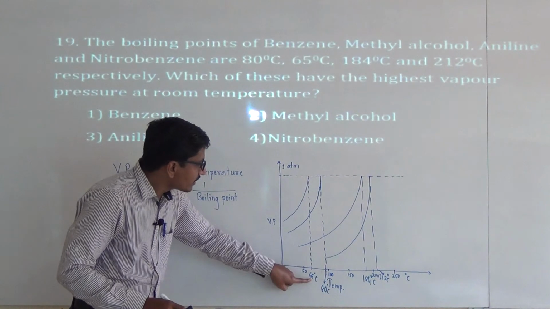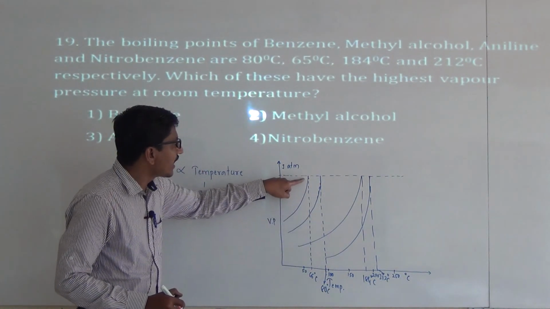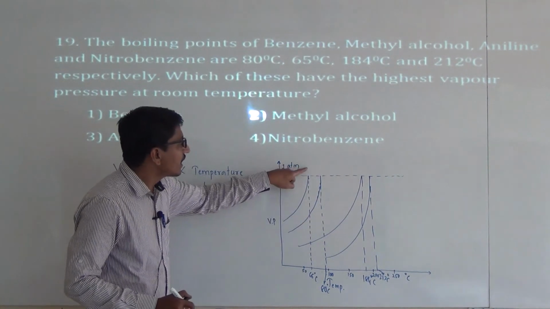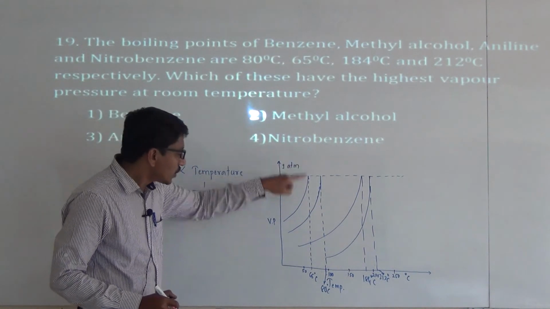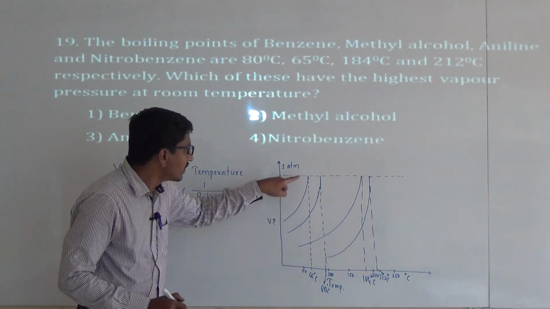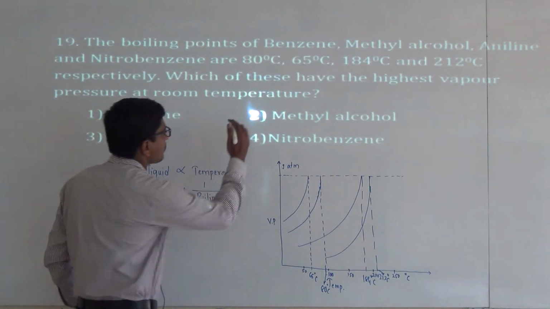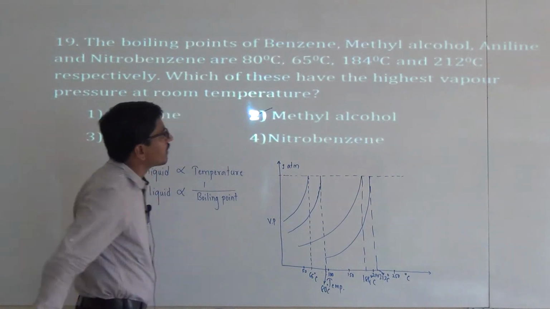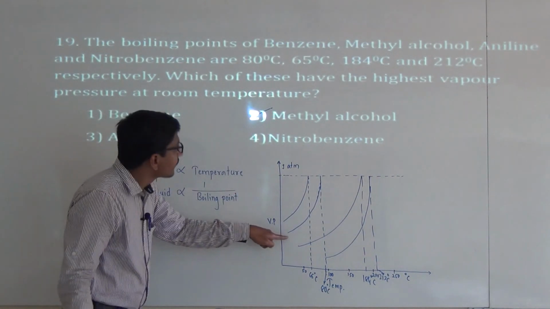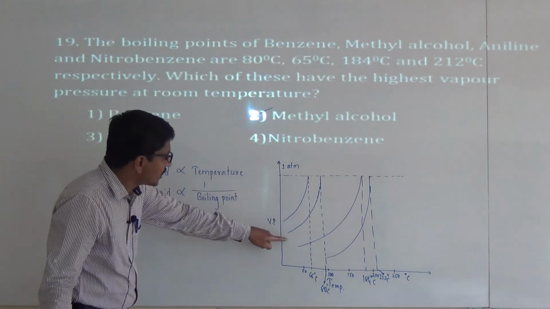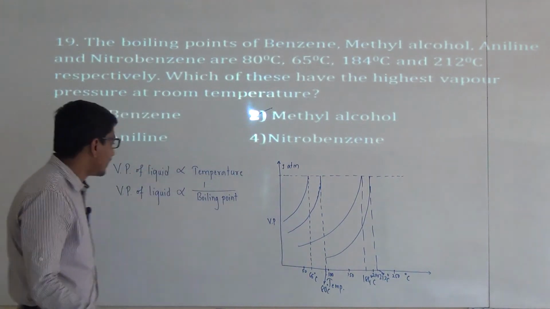The boiling point of methanol is 65 degrees Celsius, so it readily attains atmospheric pressure, the liquid boils at a lower temperature, and it has a higher vapor pressure. The vapor pressure of methyl alcohol is very high, then the second one is benzene, then aniline, and the last one is nitrobenzene.